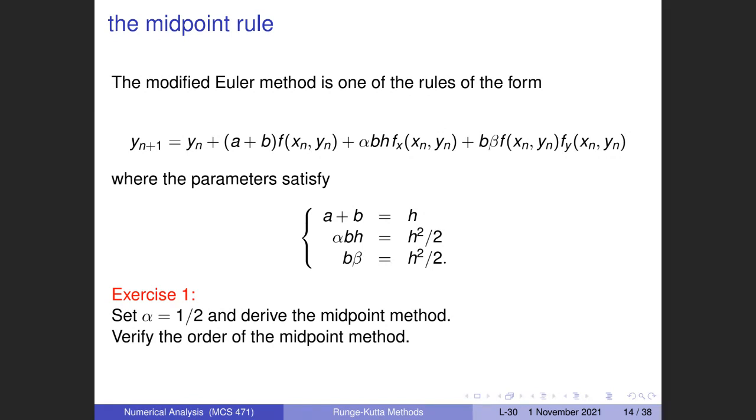Now, I only give you the value for alpha. If you solve this system, by construction, you will get third order. So you will have the same accuracy as the modified Euler method. So verify that. In essence, this is the reason why you have the third order, the local order.